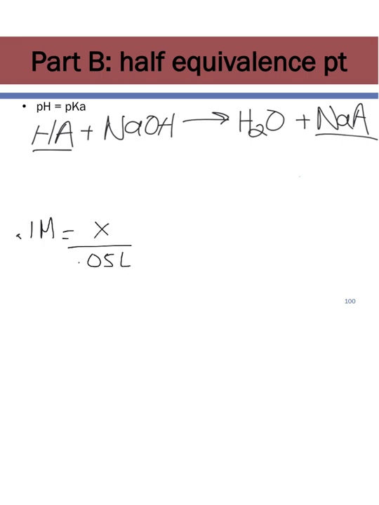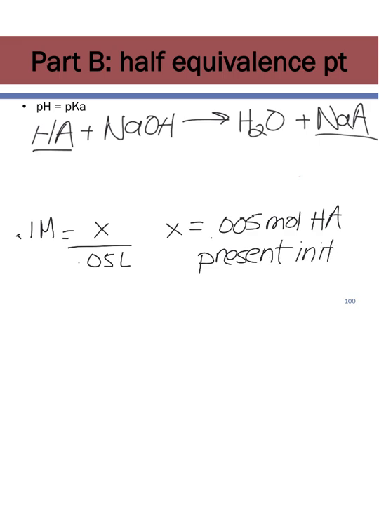So therefore, we have 0.005 moles of the acetic acid present initially. And again, I really like to label as much as I possibly can.